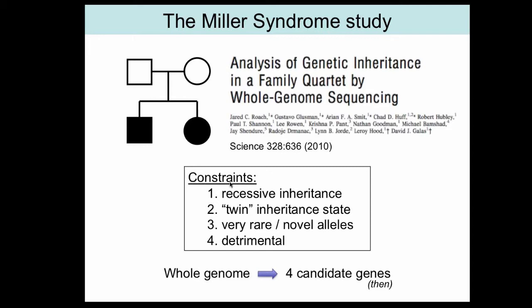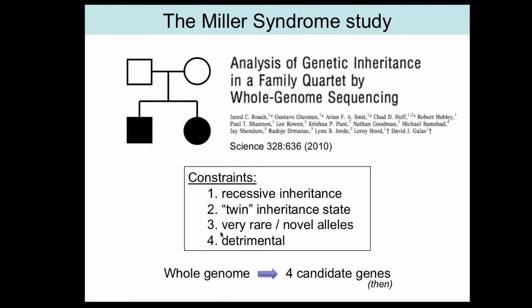In that case, we used 4 basic constraints to identify the disease-causing variants. For example, we knew that this is a very rare disease, and we expected the inheritance to be recessive. Since both siblings have the same disease and it's rare, we expect the gene causing the disease to be in a region where the 2 siblings are essentially identical twins.